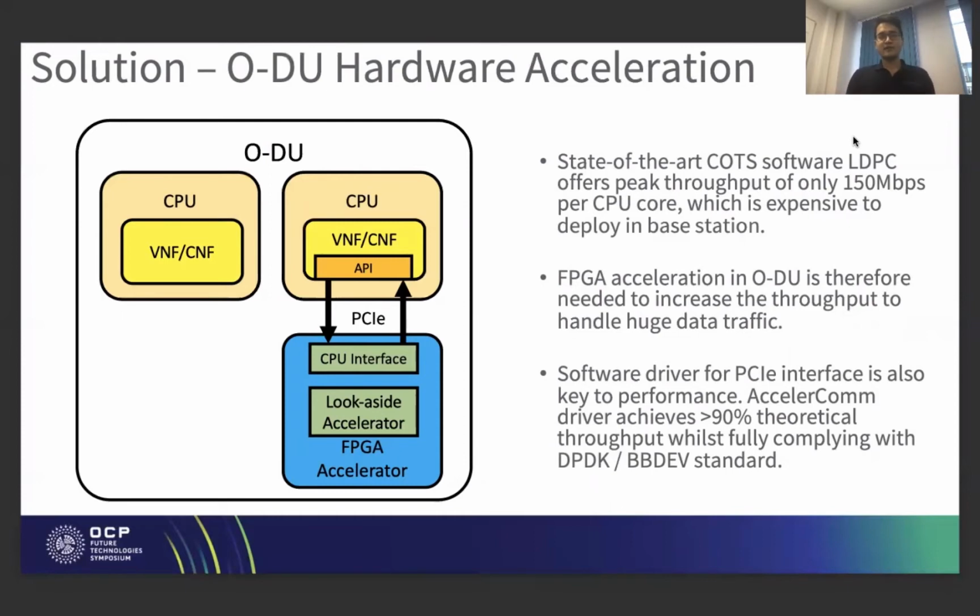And before we dive into details of our solution, the software driver for PCIe interface is harder than you think to implement. So at AccelerComm, we come up with a driver that achieves more than 90% of the theoretical throughput for the PCIe interface.